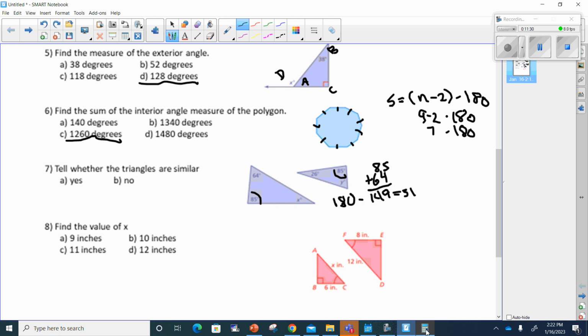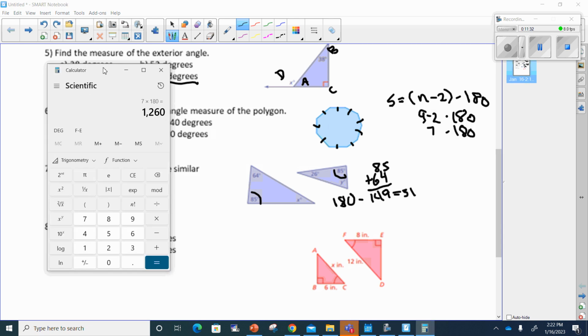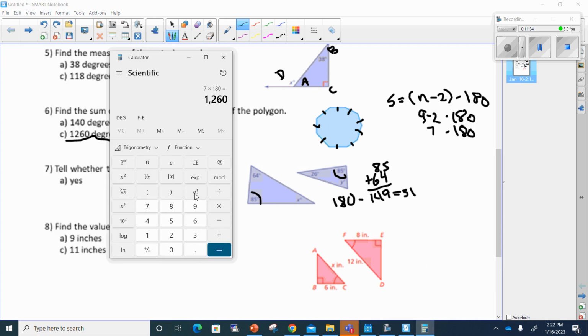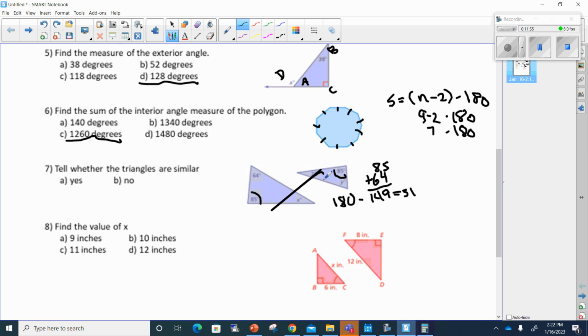Maybe I should use the calculator to be sure. 85 plus 64 is 149, and now I take 149 and subtract it from 180. That does equal 31. The number we have over here is 26.